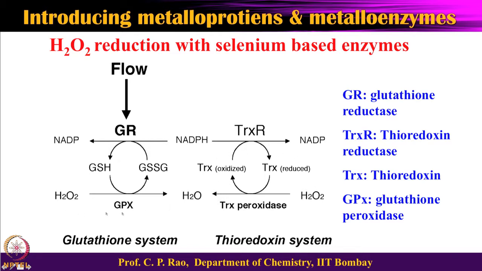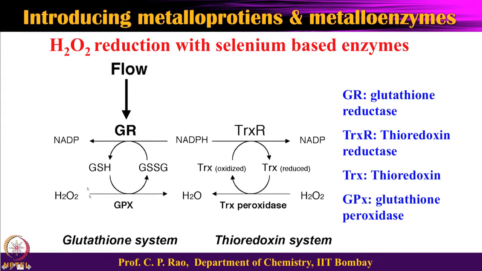Okay. The other cycle is glutathione peroxidase. Glutathione peroxidase again acts on H2O2 and reduces it to give H2O, and this is regenerated by the GSH-GSSG cycle. That is glutathione reductase, and this is also helped by the NADPH.